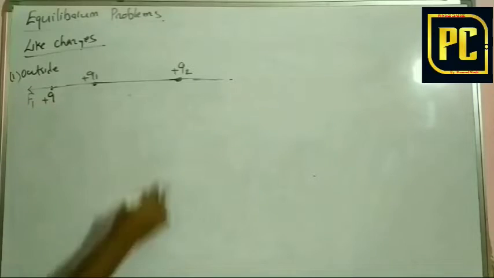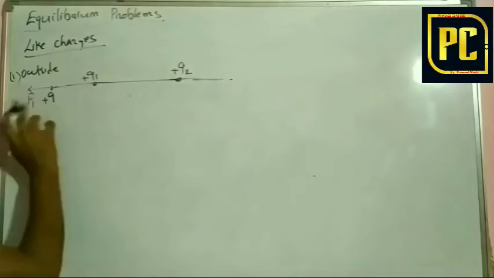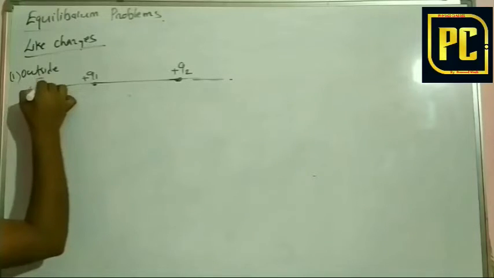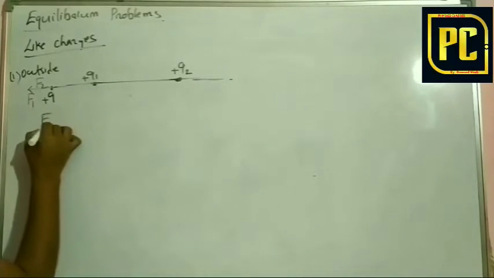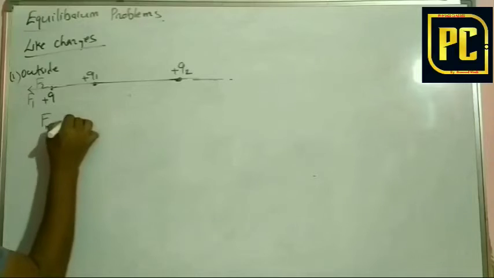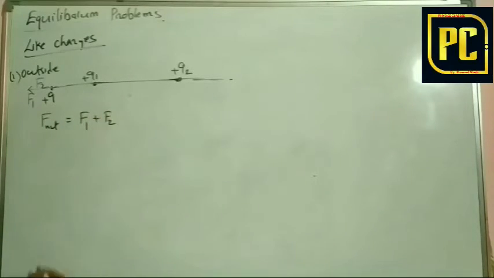There will be another force due to Q2 on Q, which will also be repulsive. So F2 will also be positive. So the net force on Q must be equal to F1 plus F2. Since both are in the same direction, the net force will be F1 plus F2.